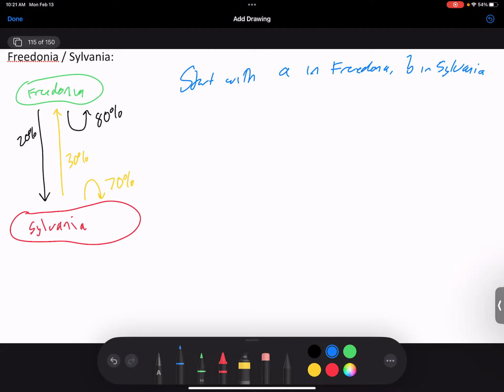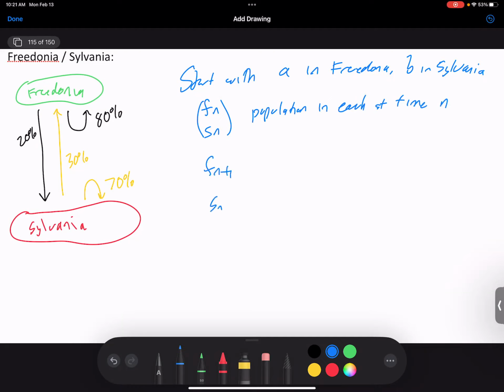So what we have to do is figure out how we want to model this. So let's call maybe Fn, Sn the population in each at time n.